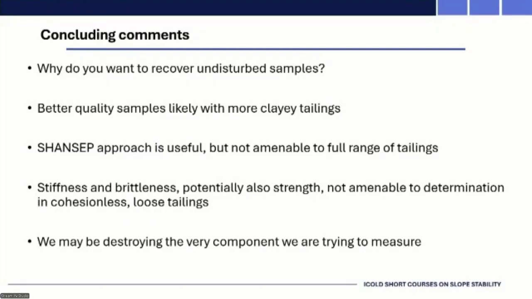And you'll see a bit later on today, tomorrow, that when you do a K0 consolidated, anisotropically consolidated triaxial test, when you then shear it in triaxial compression, the amount of strain that you require to get to peak strength and go beyond is often of the order of 0.2% axial strain.